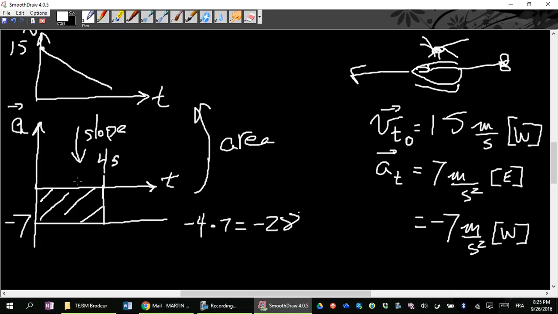And that means that it was stationary at some point here in the middle, but just for a fraction of a second. So you just do 15, and you're going to subtract 28 from that. So it's 15 plus negative 28. So that's going to be 13, if I do my math right.